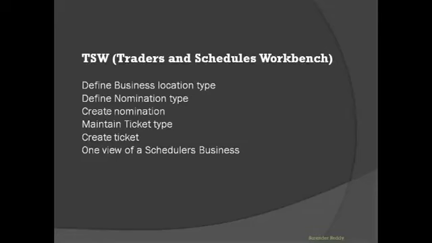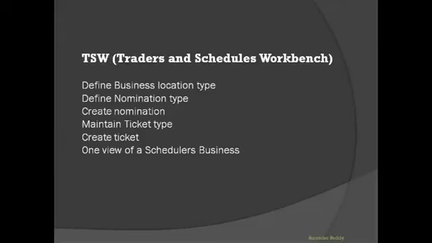Coming to TSW functionality: in TD we do only road transportation. Except road transportation, if the transportation is pipeline, railway, or marine transportation, then we will use TSW. Creation of nominations, and creation of locations like storage location, discharge location, warehouse.